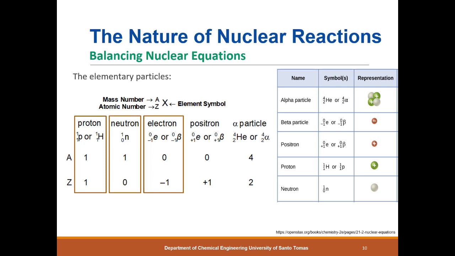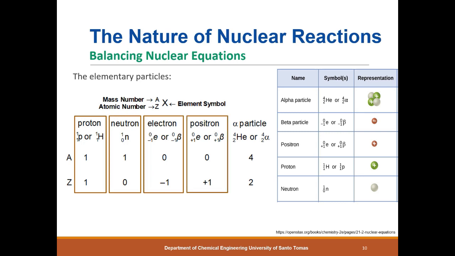There are two symbols for the electrons here. The one on the left, 0, -1 e, represents an electron in or from an atomic orbital. The symbol on the right, 0, -1 beta, represents an electron that, although physically identical to any other electron, comes from a nucleus in a decay process in which a neutron is converted to a proton and an electron, and not from an atomic orbital.